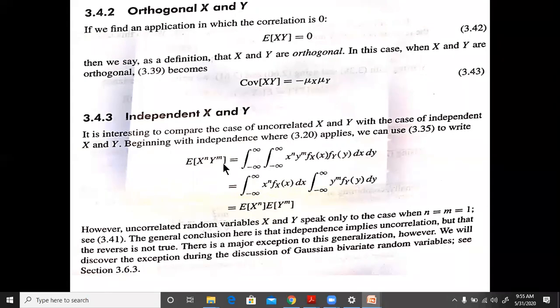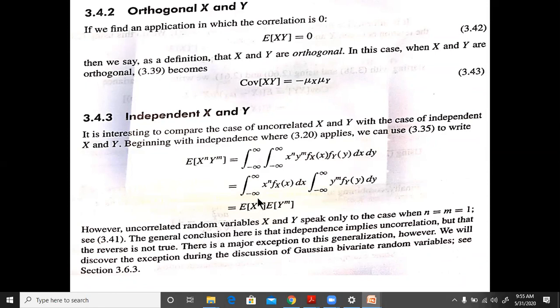At that time, E of X^n Y^m is equal to the double integral of small x^n y^m f_XY(x,y), and because they are independent, you can separate them out. If you separate them out, you will get f_X(x) separately with x^n, and this will be a separate integral, and this will be a separate integral.